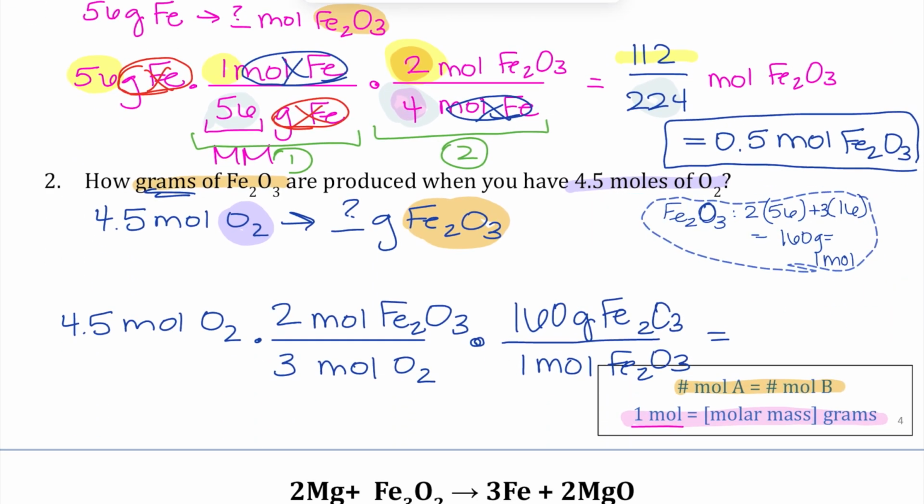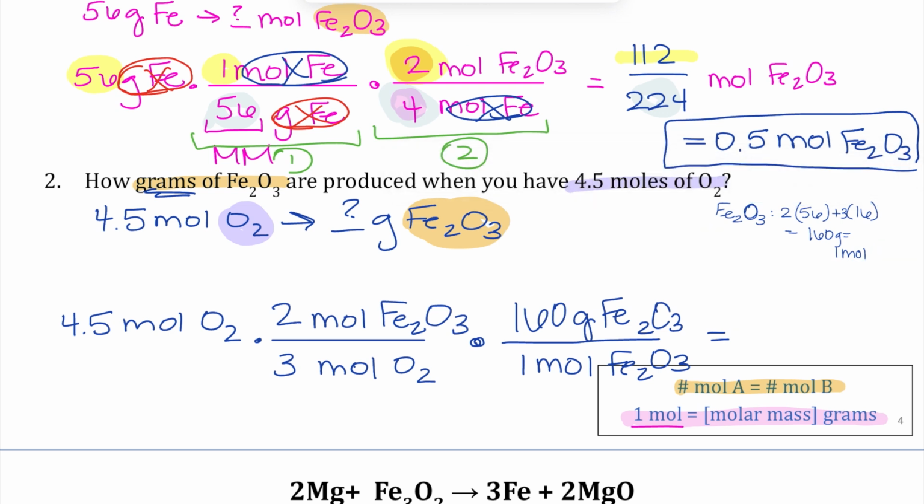Doing my calculations, I'm going to just multiply my numbers in the numerator first. So 4.5 times 2 times 160, which is 1,440. And then I need to divide by 3 times 1.